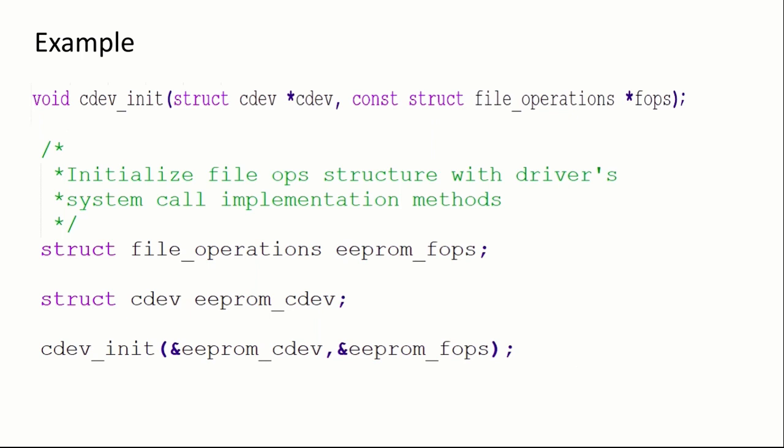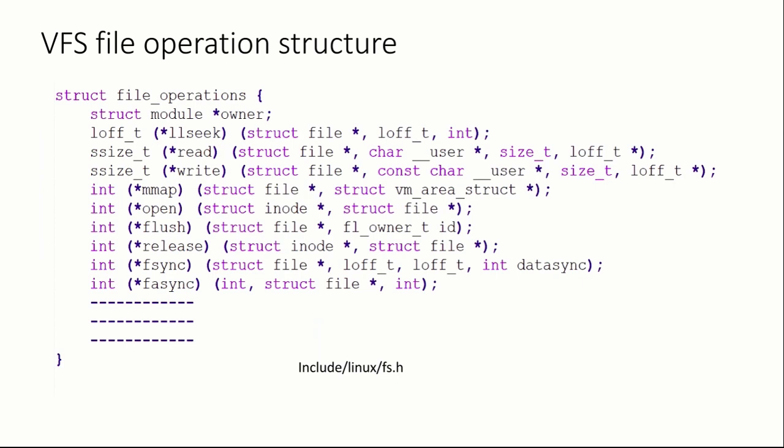We actually explored the cdev structure. Let's look at the file operations structure. Here it is, the file operations structure. This structure definition you can find in linux/fs.h, the VFS file operations structure, and it has various member elements. Basically all are function pointer variables.